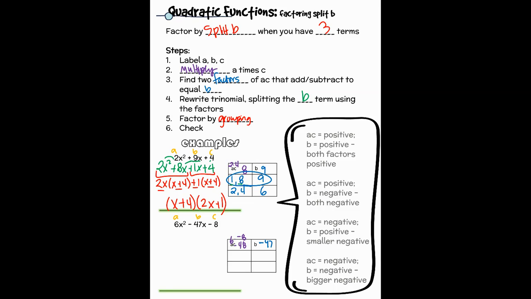Okay. So I didn't make my table big enough. But let's find the factors. So we got some negative numbers. Look over in our cheat sheet. a times c is negative, and b is negative. So I'm down here. So that means that of my factors of a times c, the bigger one is going to be negative.